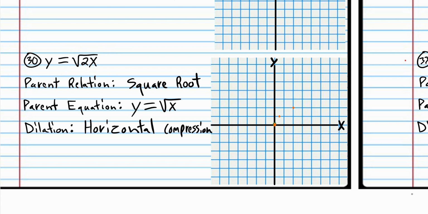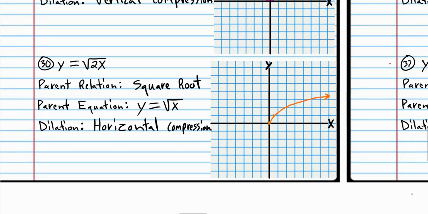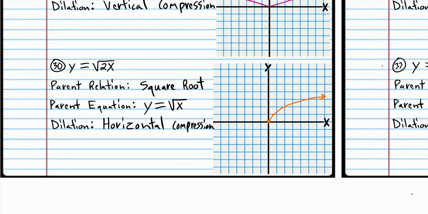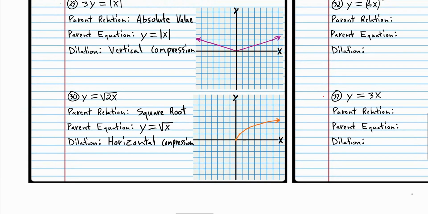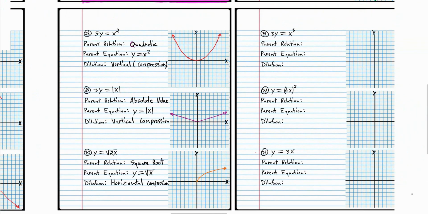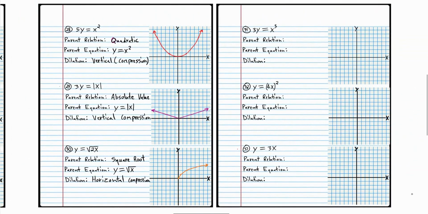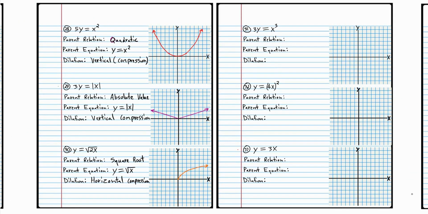So we know that we can't go any higher than this. So our graph is going to look something like that. You could get more precise with a calculator, but we don't really need to. So if your graph looks something like that, excellent. Go ahead and try number 31, and when you come back, we'll do it together.